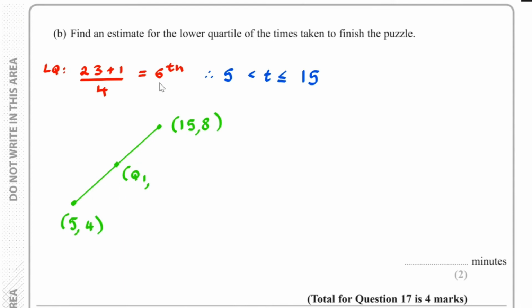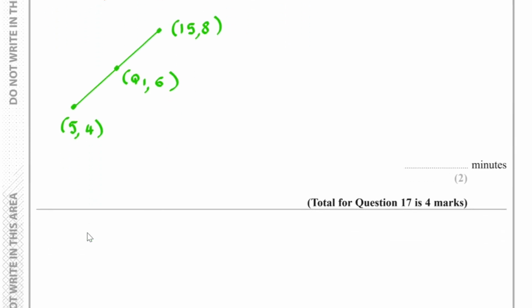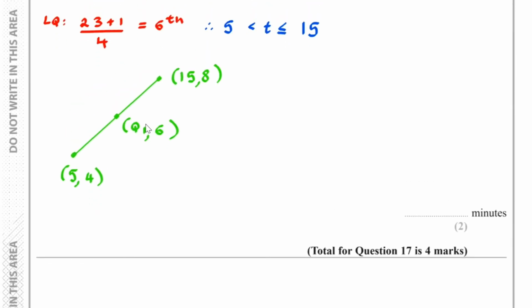And we know that the lower quartile, that's the 6th piece of data we want. So we can use linear interpolation to help us find out what Q1 is.